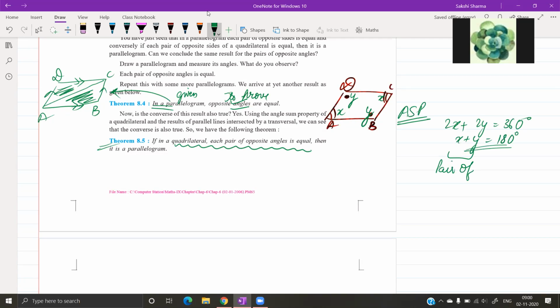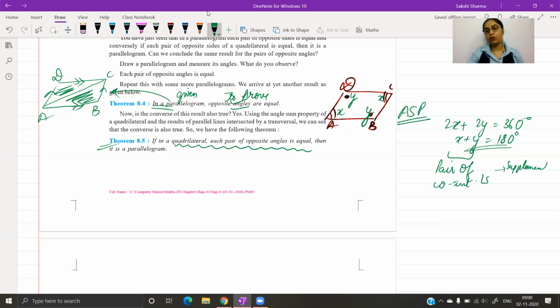And these are a pair of co-interior angles. What did we conclude? That the pair of co-interior angles is supplementary. This implies the lines containing them are parallel. So you will have the opposite sides parallel to each other, and your quadrilateral will be a parallelogram.